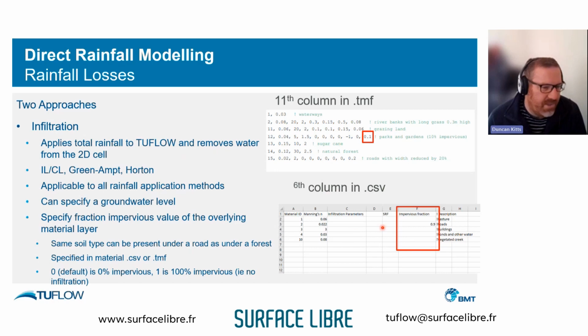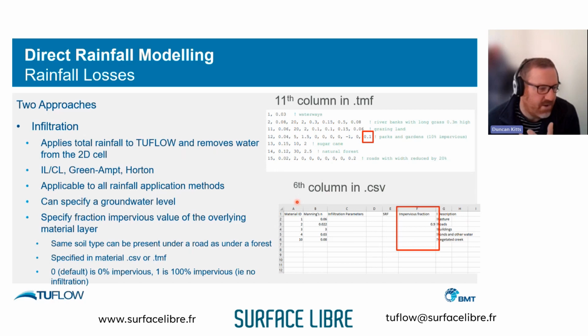We can also, within the materials layer, specify a fraction impervious value for the overlying material. So this is kind of used where we might represent the same soil type that could be under a road, or it could be under a forest, or something else. So we can specify a value between 0 and 1. 0, which is the default value, is 0% impervious.